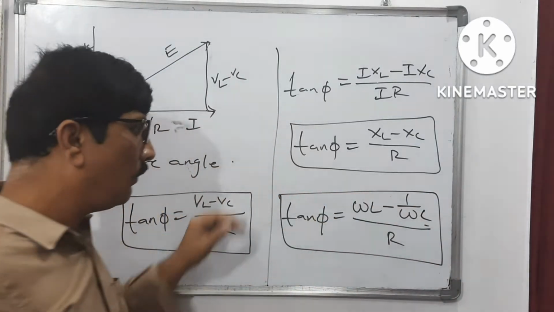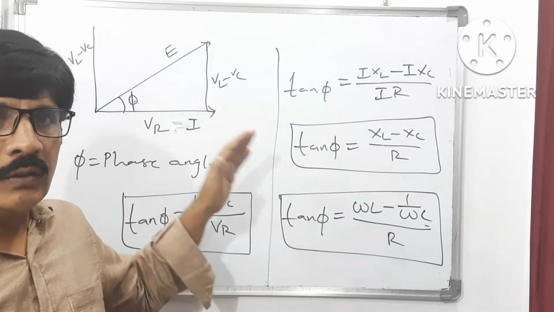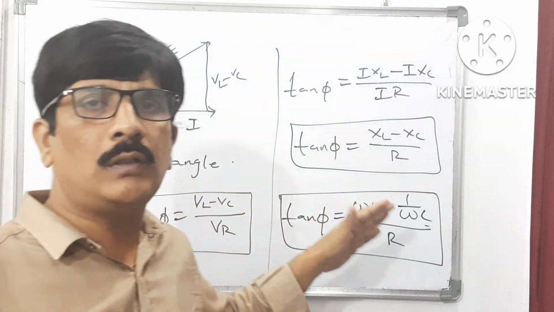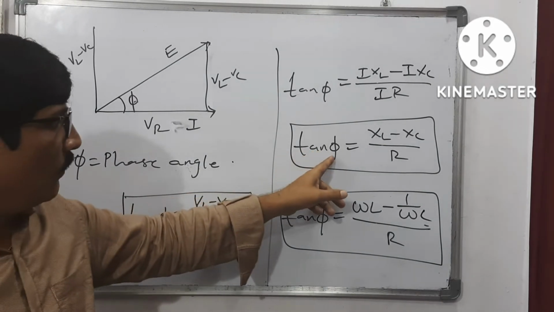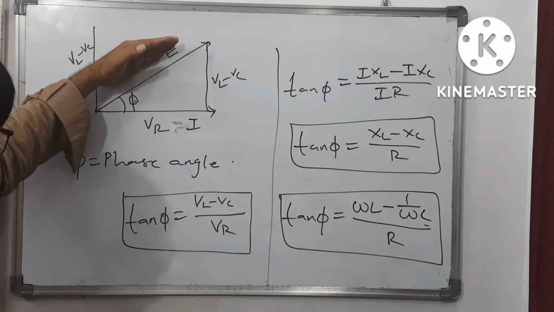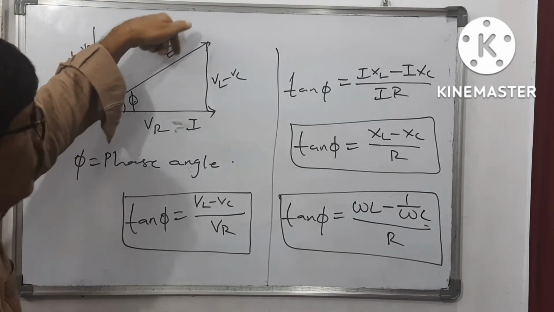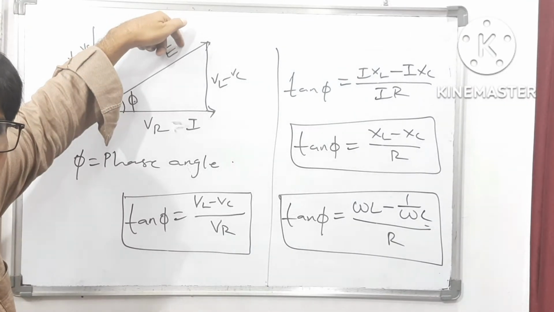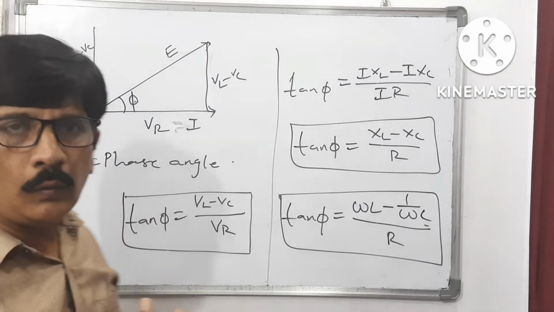Depending on the situation, which formula is suitable for the numerical is very, very important. First, you need to decide the formula suitable for the problem. So the phase angle is nothing but the direction of the net EMF. E is the magnitude of the net electromotive force, and this is the direction. I hope you understood.